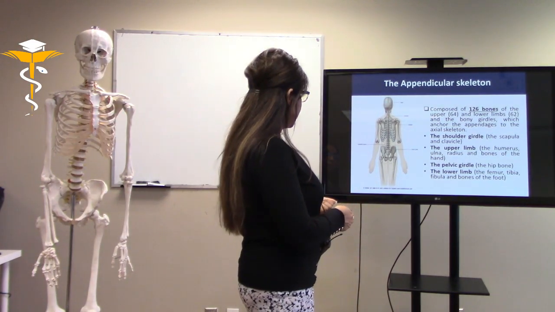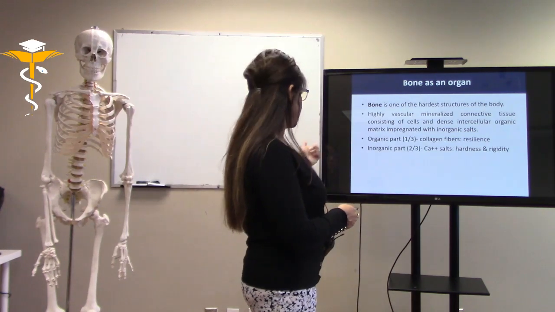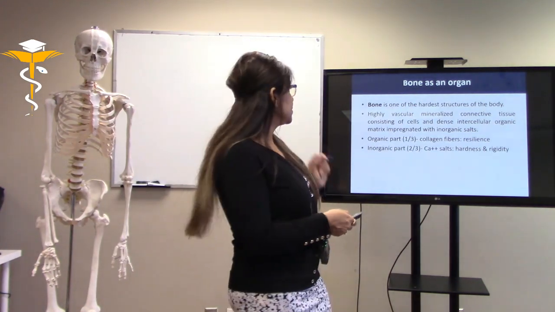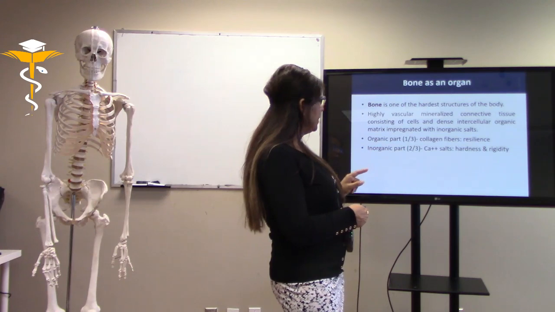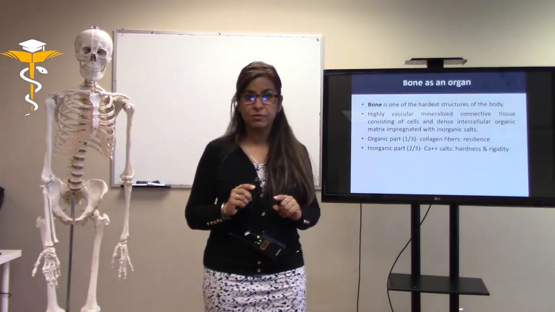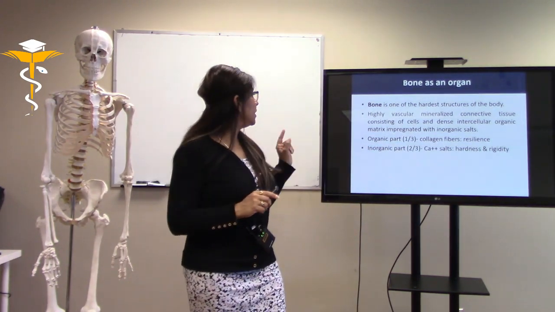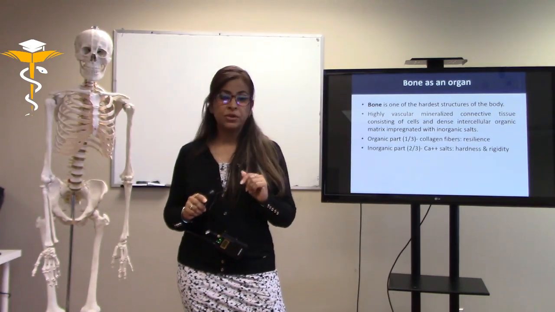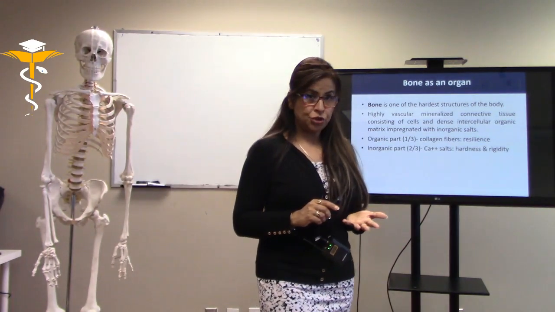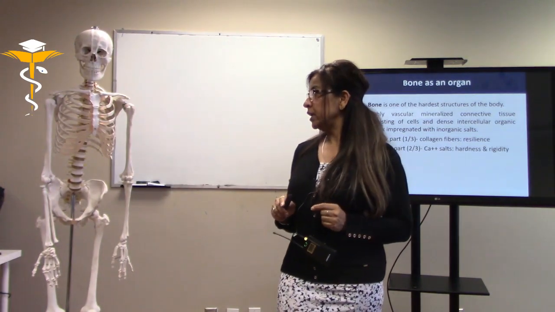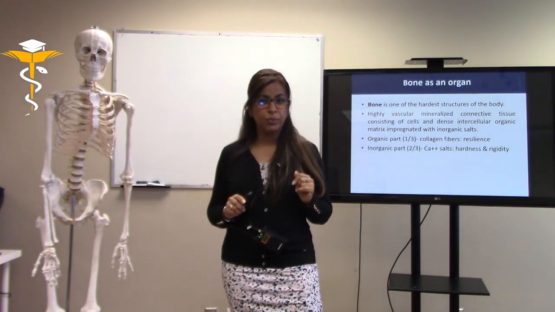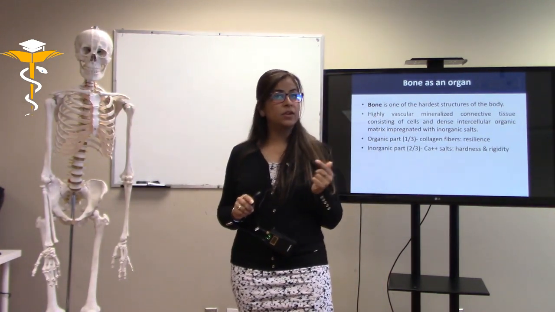So next, as I already told you, bone is also called an organ. It is the hardest structure of our body. It is a very vascular, mineralized connective tissue. Bone is divided into two parts, organic and inorganic.